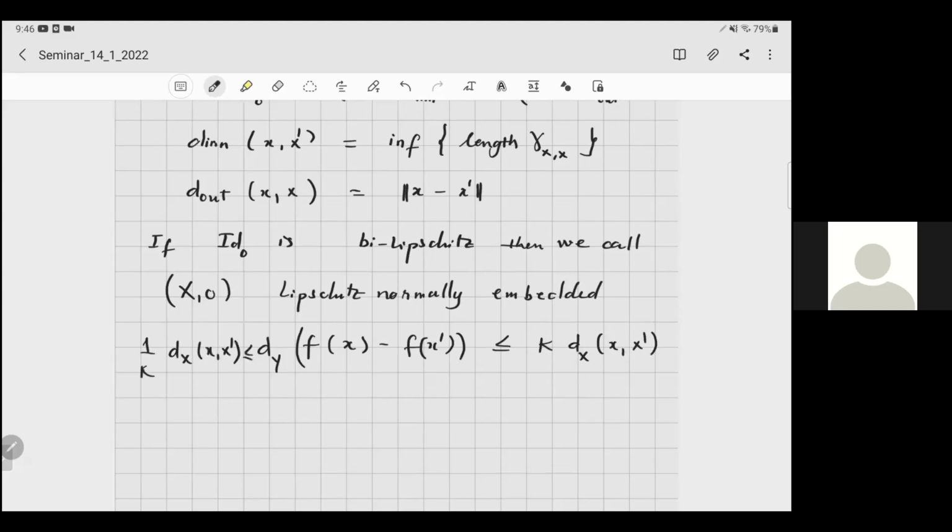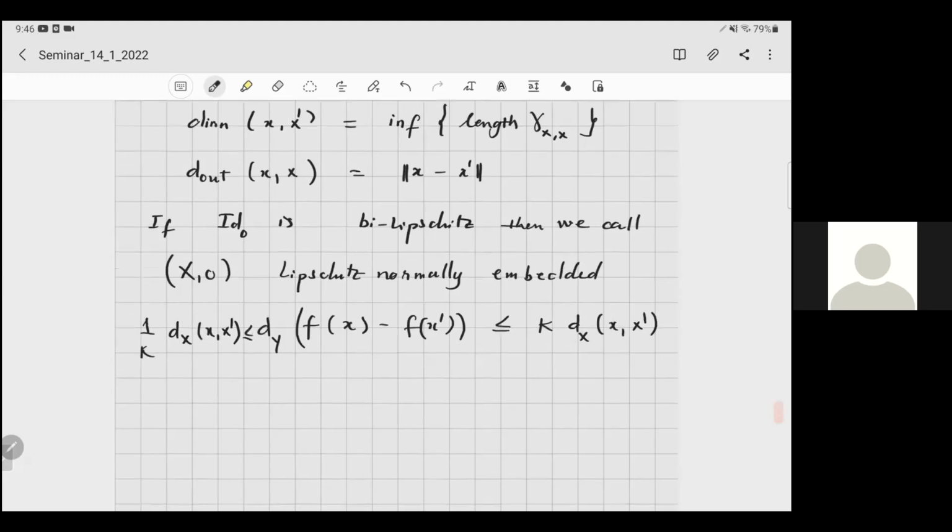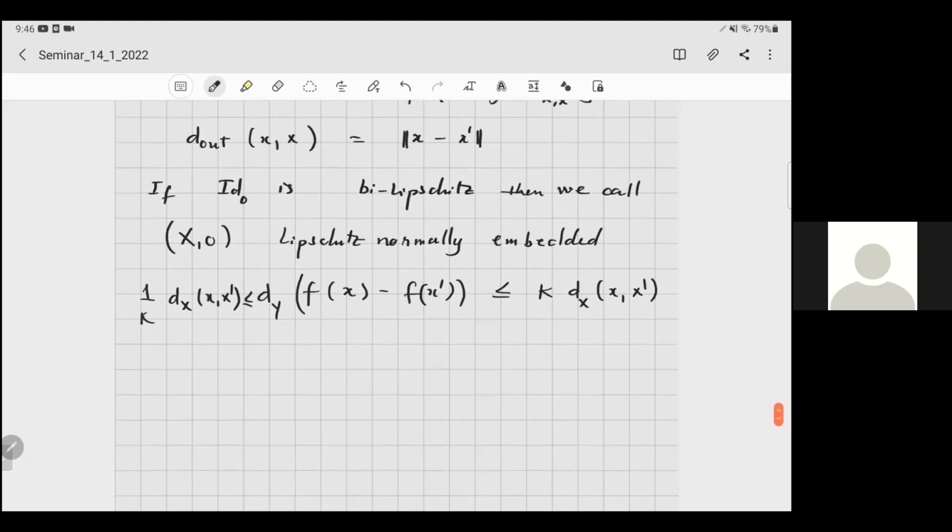Yeah, this is a bi-Lipschitz map. An interesting problem in Lipschitz geometry is to answer the question of when a given term is Lipschitz normally embedded.